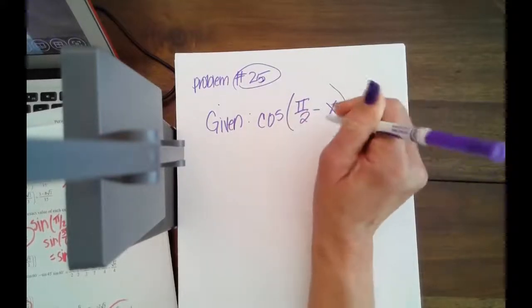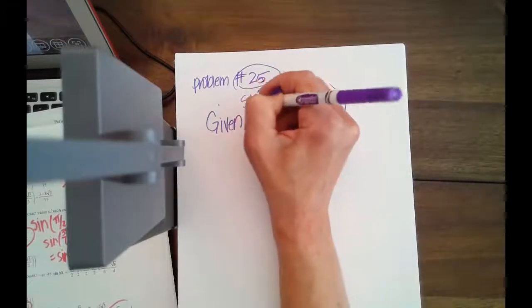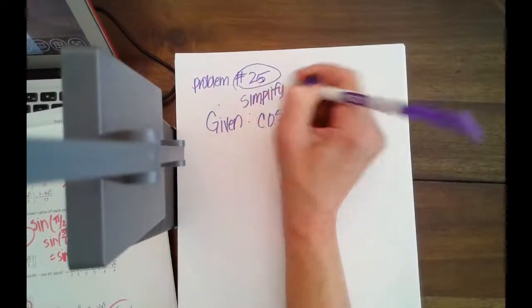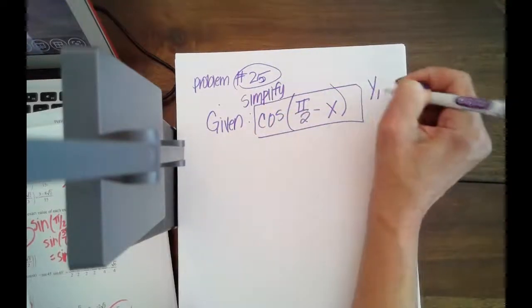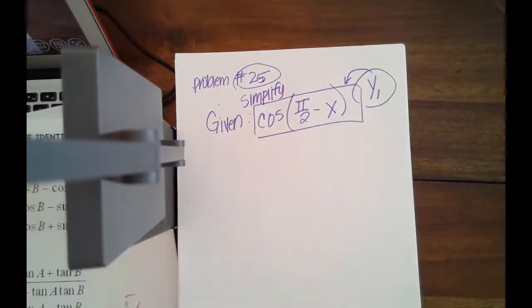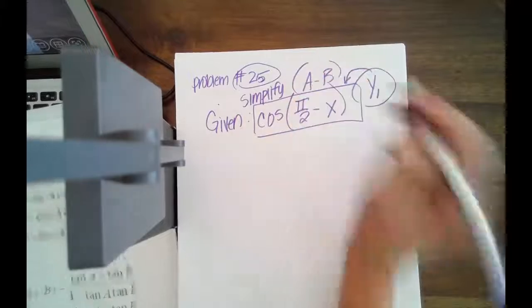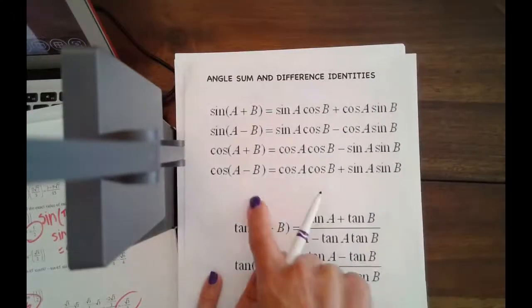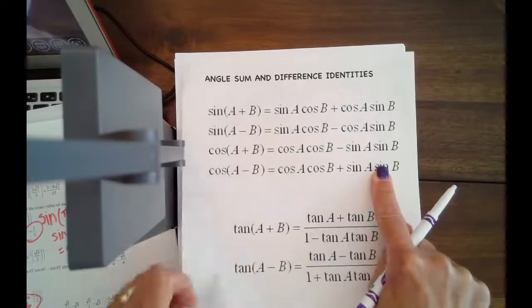Okay, so we're going to simplify this down, right? And that means we're going to simplify using the formulas. But this is going to be the first one that you graph. So this would be like your y1. You can graph that one, and then we're going to graph the simplified version. Okay, so we've got cosine of alpha minus beta. So cosine of alpha minus beta, we're going to use this formula. Okay, so we're just going to plug it in.